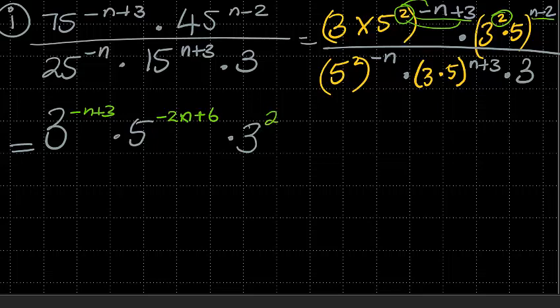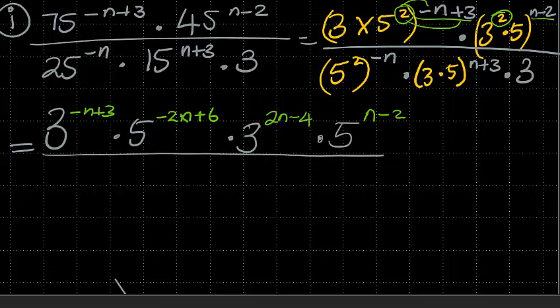So it becomes 2n minus 2. No, 2 times 2 is 4, so it's 2n minus 4. And the last in the numerator is 5, and the exponent is going to be n minus 2. Then I draw my fraction line. My denominator ends up being 5. My exponent is going to be minus 2n.